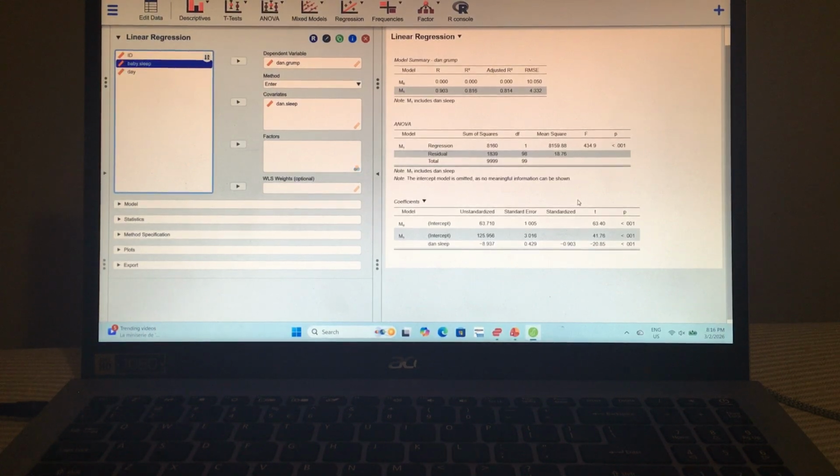No, I think it's this 20.85 times 20.85. Okay, it's the bottom row where it says Danny's sleep, because we're looking to see if this can predict grumpiness. So in the T column, all the way at the bottom, the negative 20.85 times negative 20.85 gives us the 434 F value. So that makes sense.